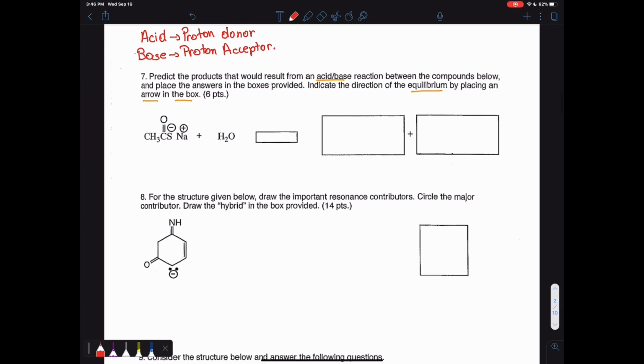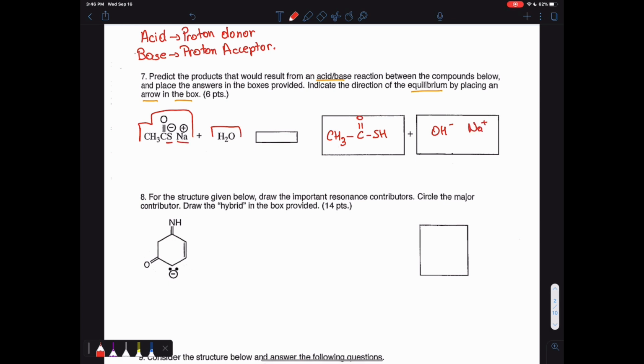Knowing that, looking at this molecule, we know that this one does not have a hydrogen, and this one can lose a hydrogen. So immediately, when you have something that is negatively charged, it's going to gain a hydrogen. So CH3, C double bond O, SH, and on the other side we're going to have an OH minus and Na plus.